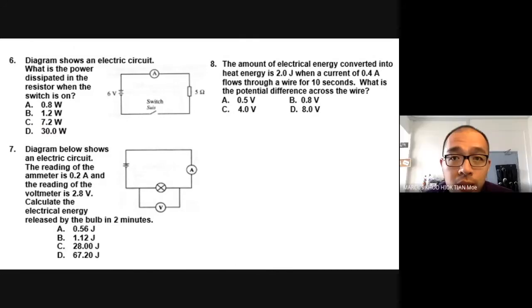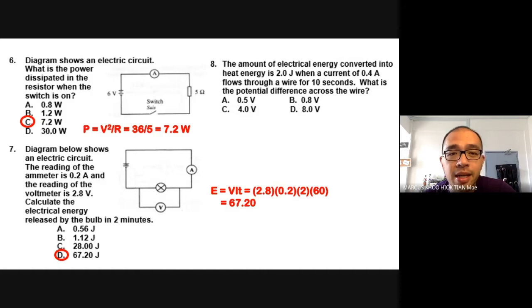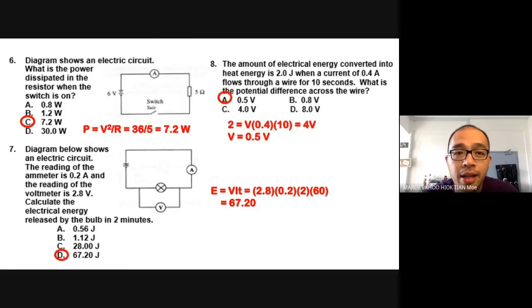All right, number 6, Elijah. C. Hold on. This question is giving me number 7 first, but okay, fine. Number 6 is C. Number 7 is D. Sorry, I don't know what's wrong with this slide. Number 8, Isabella. The answer is A. I hope you said A, because I really couldn't hear what you said.